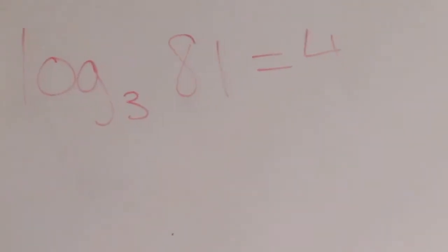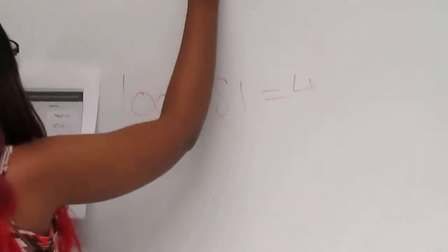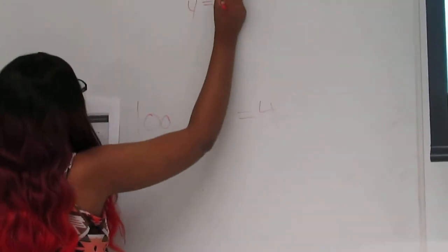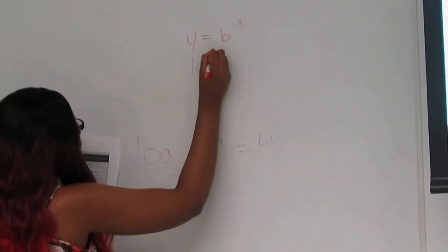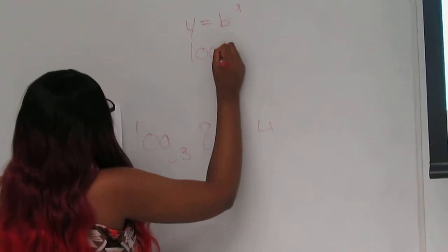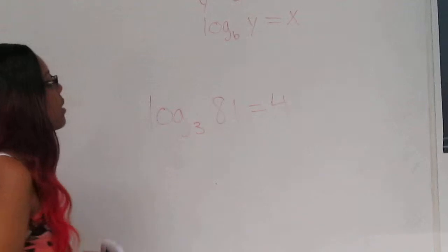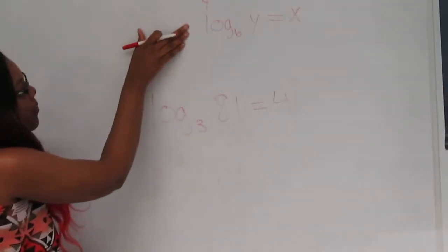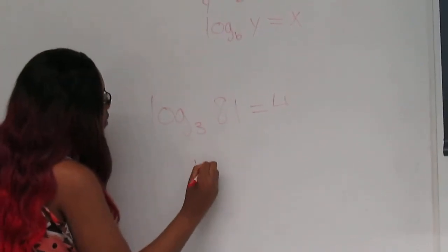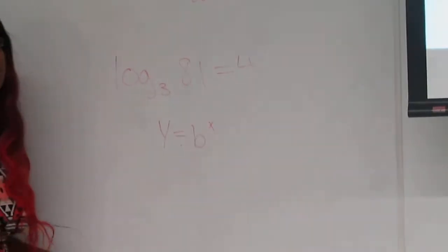And if you remember the exponential formula, it would be y equals b to the x. The logarithm form would be log base b of y equals x. So basically here, you will look and see that we're using logarithm form, and you would just put in the formula for exponential and basically plug and chug.